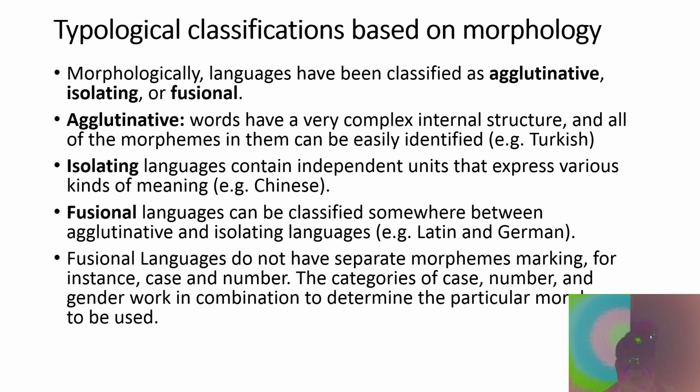So fusional languages do not have separate morphemes marking, for instance, case or number. The categories of case and number and gender work in combination to determine the particular morpheme to be used.